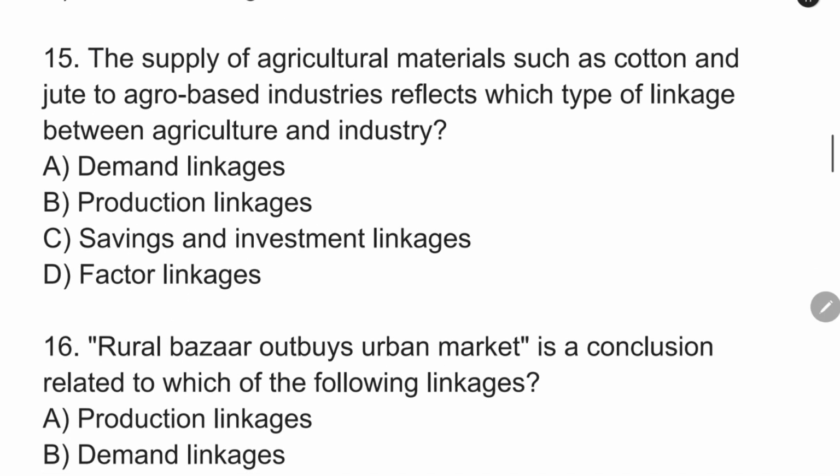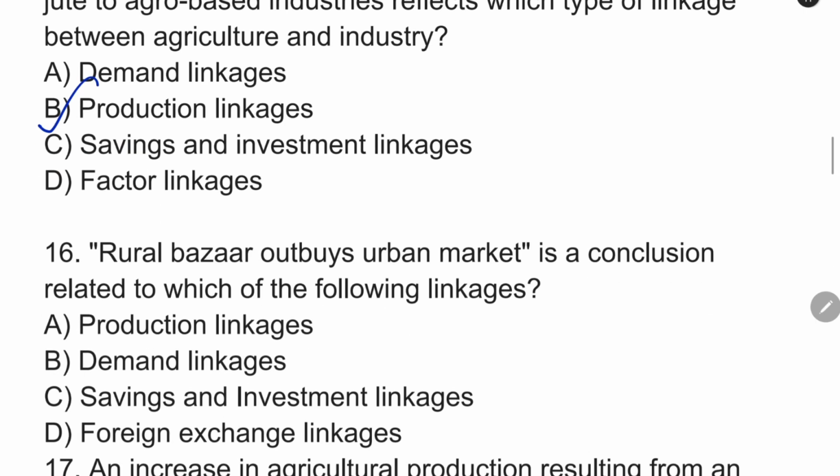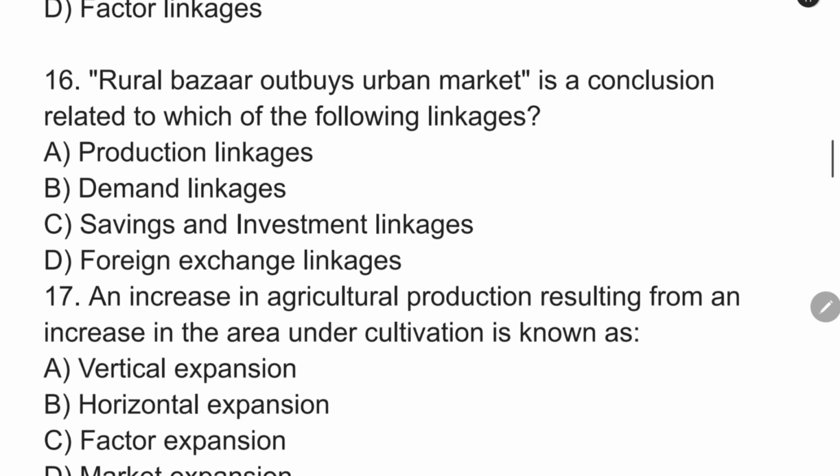The supply of agricultural materials such as cotton and jute to agro-based industries reflects which type of linkage between agriculture and industries? Production linkage. Rural bazaar outbuys urban market is the conclusion related to which of the following linkages? Saving and investment linkage.